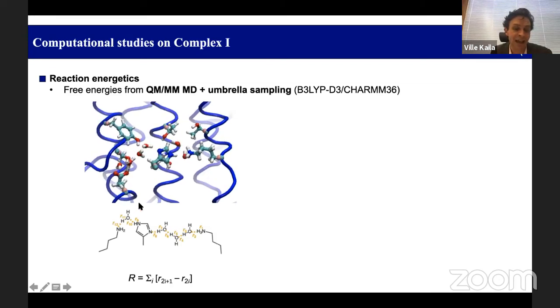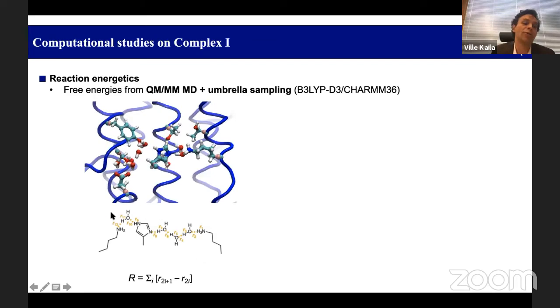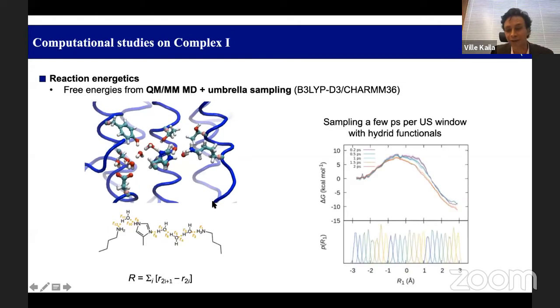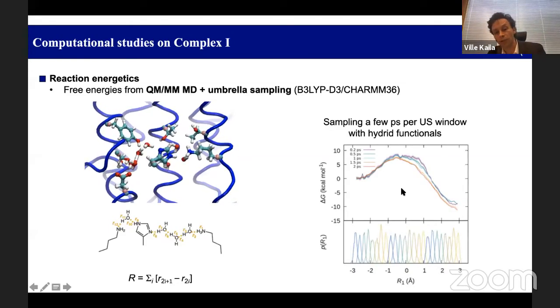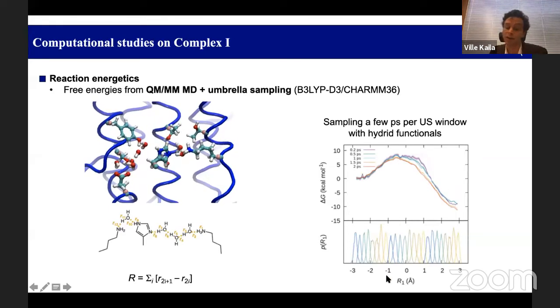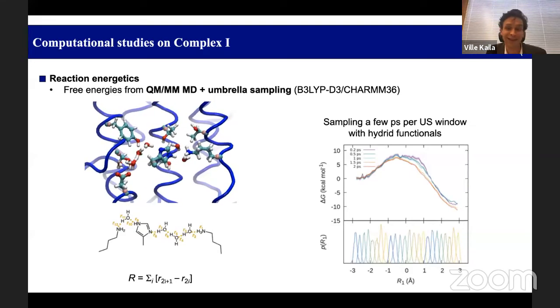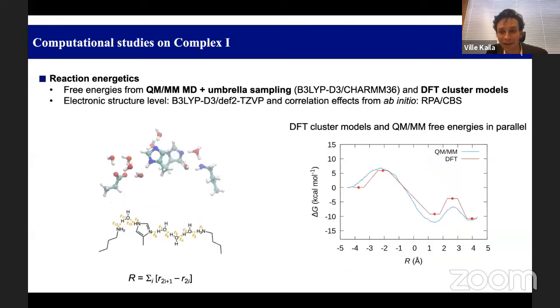I don't have the time to go into the details, but we have to introduce some kind of collective variables, for example, on how the proton would move along this type of water wire in the system. At the density functional level, you can usually sample some picoseconds per window in an umbrella sampling, which is not very much, but you can supplement it with classical sampling of the system to get representative ideas of the dynamics.